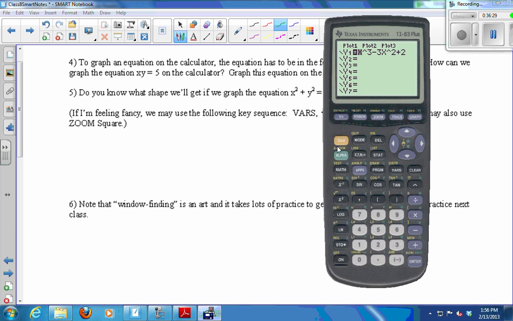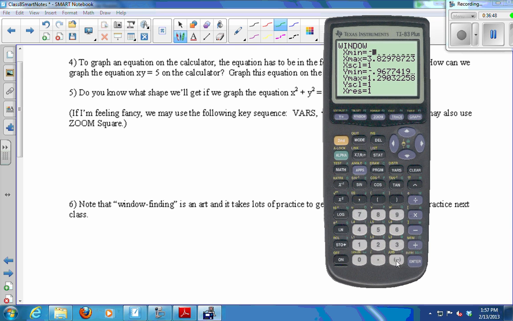So let's graph that. 5 over x. So I just cleared what was there. Just have the cursor there, press clear. 5 over x. And then let's use a standard window, the negative 10 to 10, negative 10 to 10.